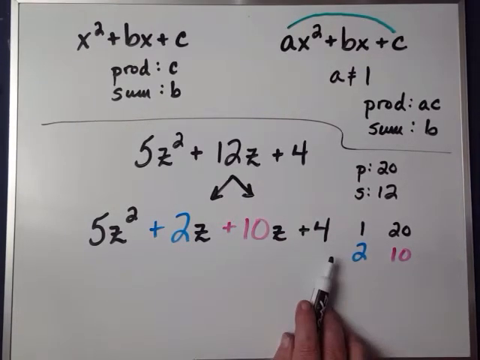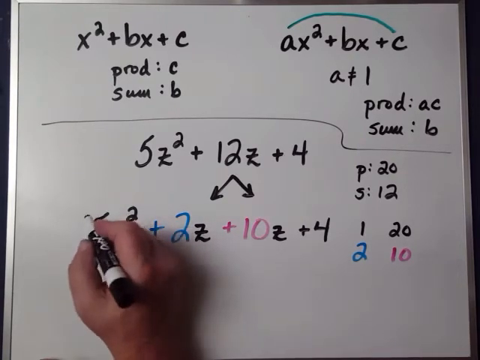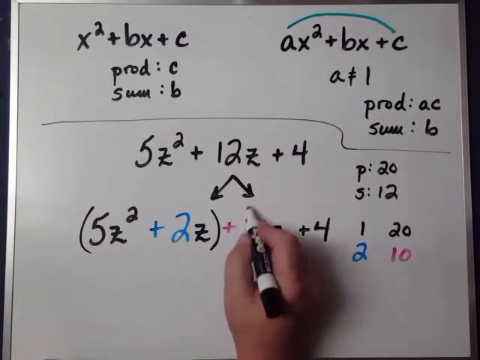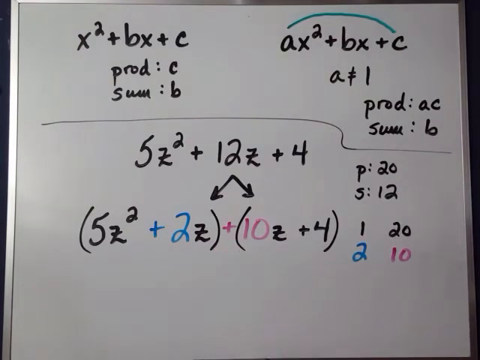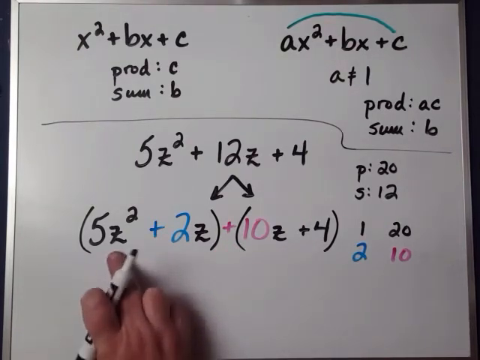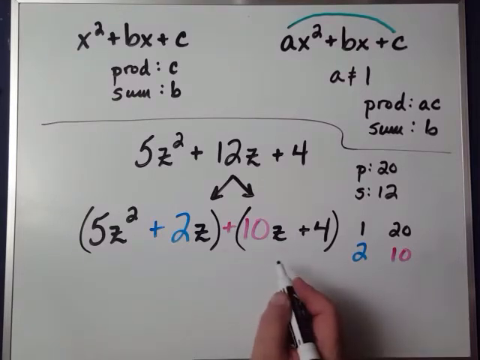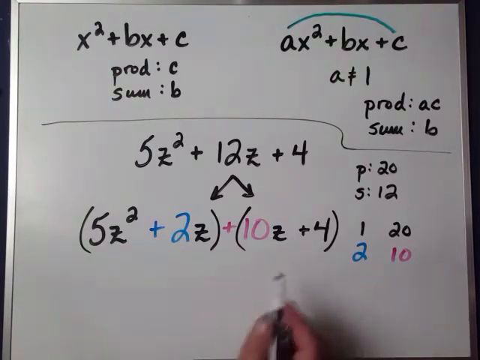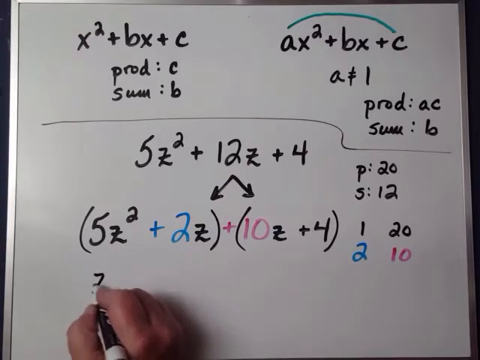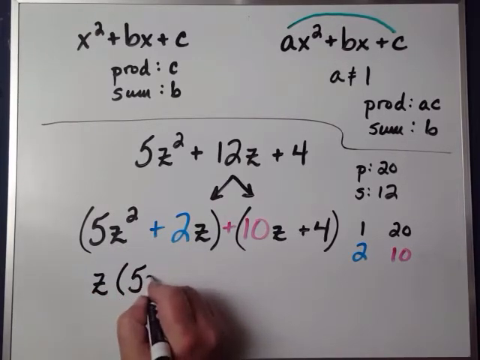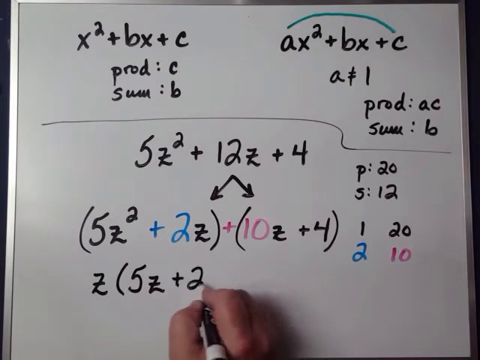But now I have a polynomial of 4 terms, and we know that we can treat that as a factor by grouping. Group the first pair. Group the second pair. Of course, if that were a negative in the middle, we'd have to keep the negative with the term. Out of the first pair, and this is again section 5.1, factor by grouping, I can factor out a z, which will leave 5z plus 2.